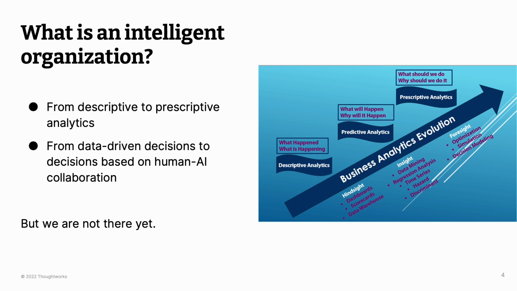The first one was descriptive analytics. Descriptive analytics is classic analytics. You use your data to make dashboards, reporting, and so on, in order to know what is happening in the company, or what has happened in the past.